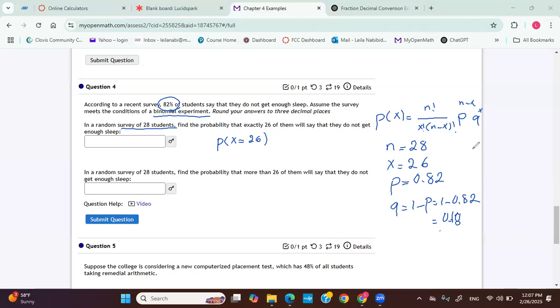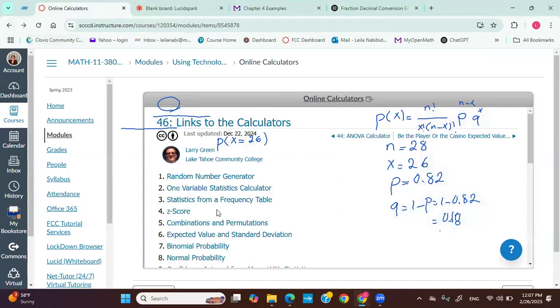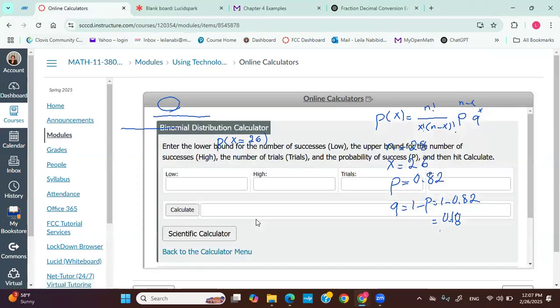But if you want, you can use the online calculator. Let's see how we can do that. If I go to the online calculator homepage, you see that number 7 is the binomial probability. If I click on it, it is asking me to put the lower bound and the upper bound.